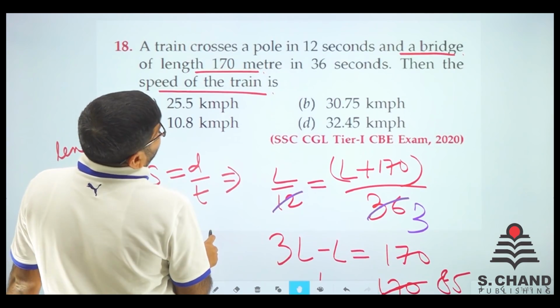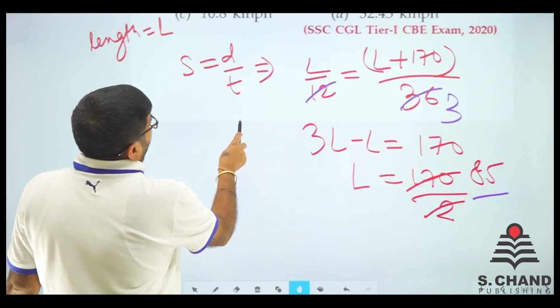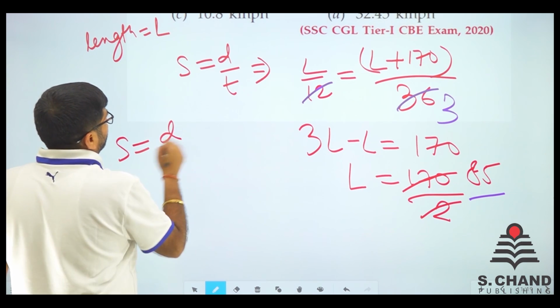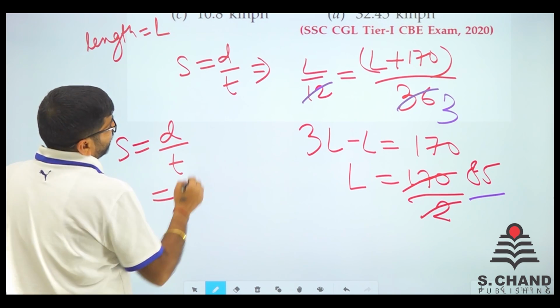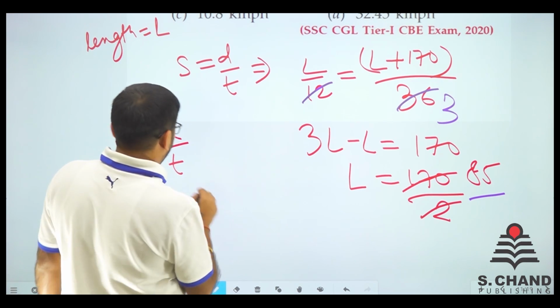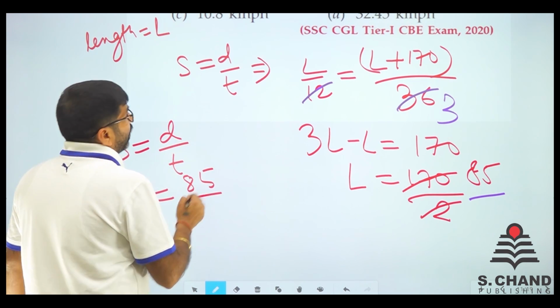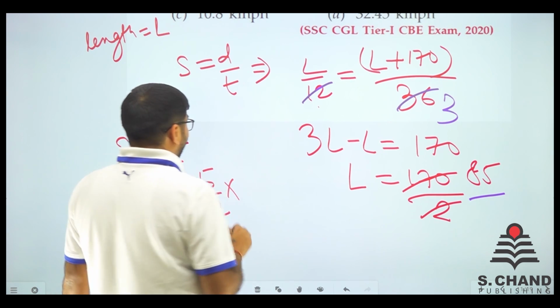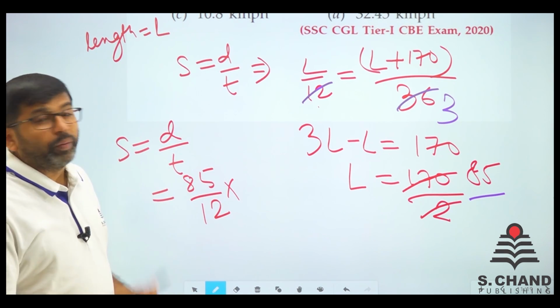Now it is asked that the speed of the train is what? Speed is equal to distance upon time. That means length of the train, that is 85, divided by the time, 12. And we multiply this meter per second into kilometer per hour.